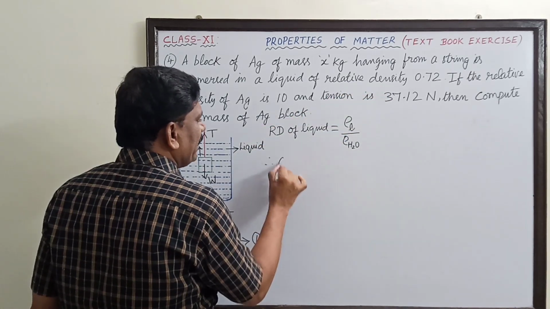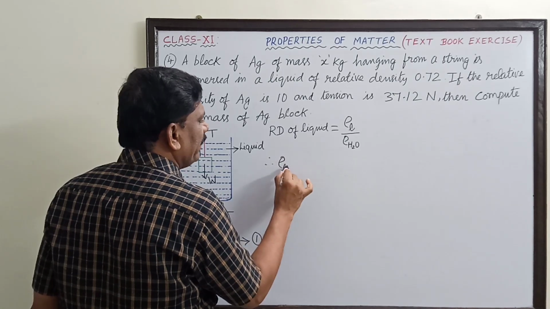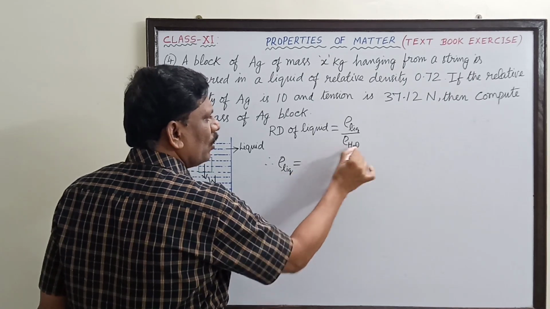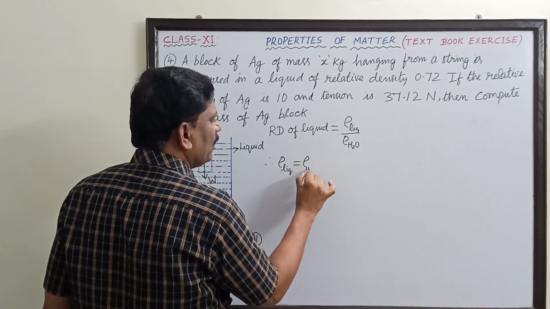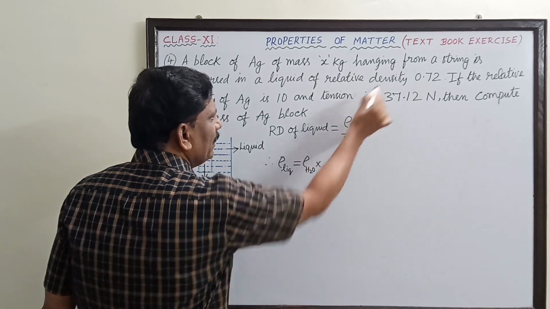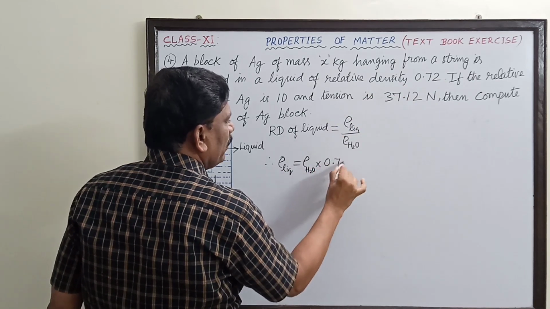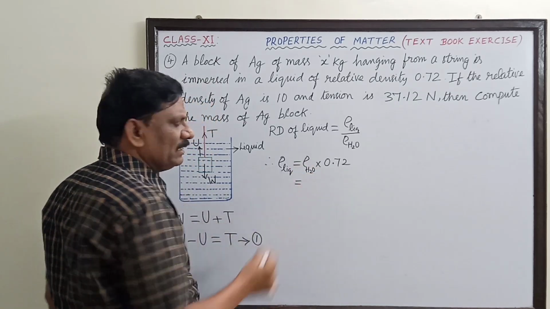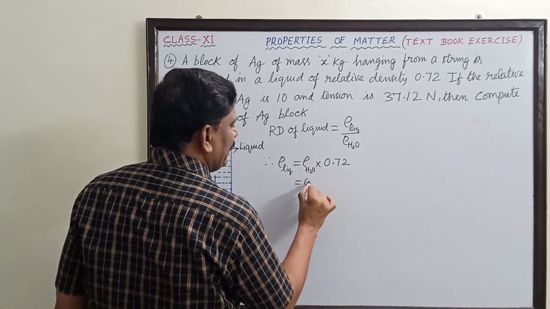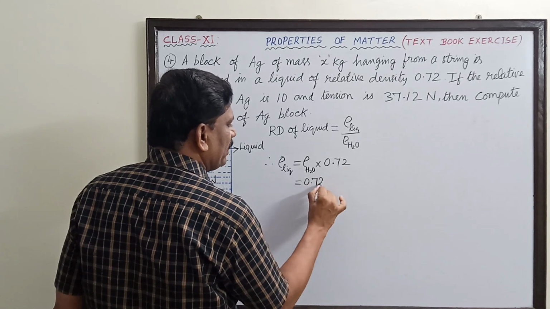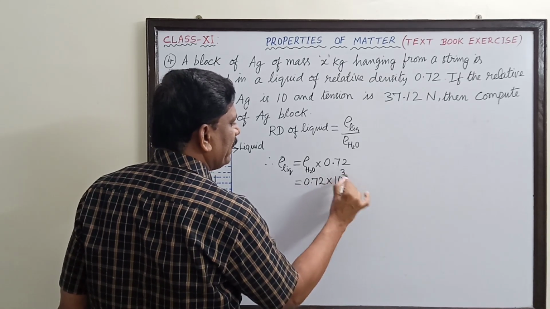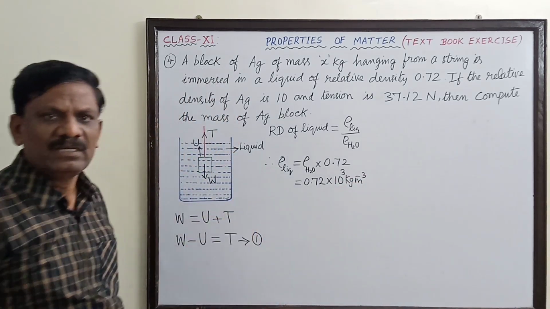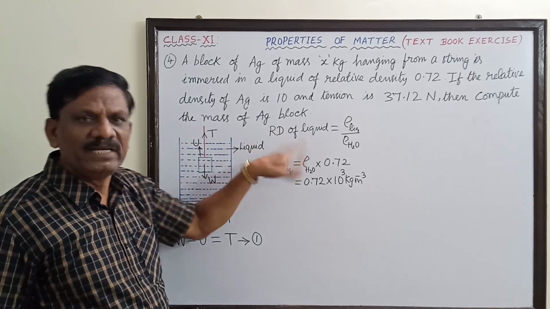Therefore, what is the actual density of the liquid? Density of the liquid is equal to rho for water multiplied by 0.72. Rho for water is 1000 kilogram per meter cube. So I can write it as 0.72 multiplied by 10 power 3 kg per meter cube. So this is the density of the liquid which I have derived from the relative density.